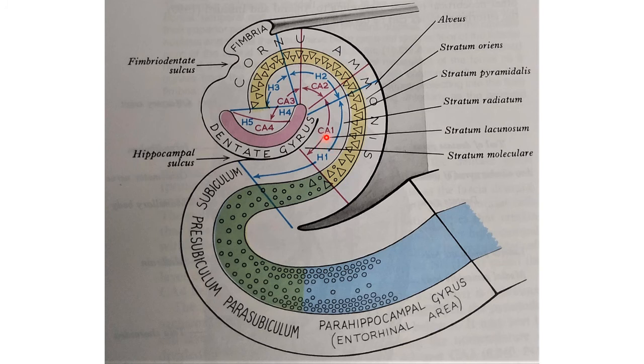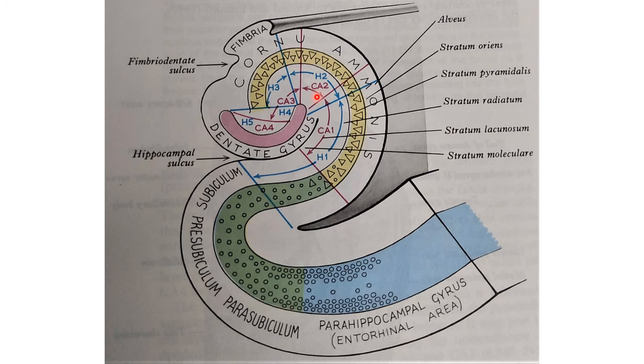CA1 means cornu ammonis 1, CA2 means cornu ammonis 2, CA3 means cornu ammonis 3. The CA1 is continuous with the subiculum, whereas CA3 faces the hilum of the dentate gyrus, and CA2 intervenes between CA3 and CA1.